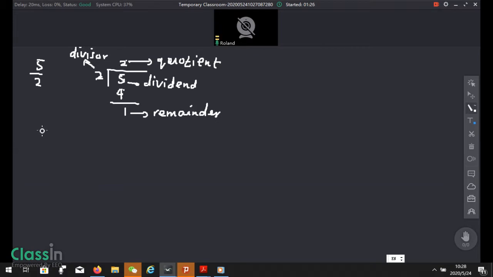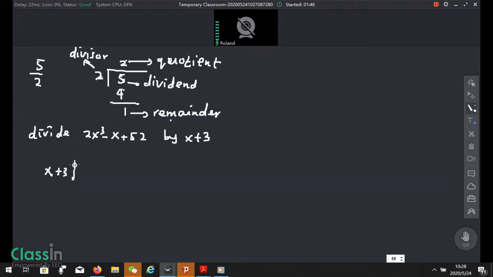For example, if we want to divide 2x cubed minus x plus 52 by x plus 3 in order to find the remainder and the quotient, it's the same thing.